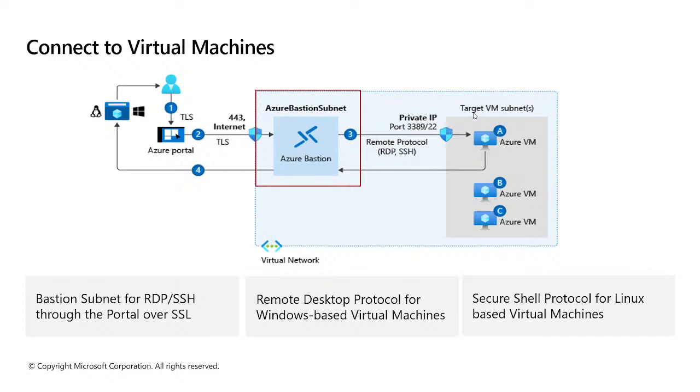You can see the target VNet subnets where the VMs are and your Azure Bastion subnet are actually within the same virtual network. So you cannot configure your Bastion in a different network and try to connect to a target machine in a different network. No, they need to be on the same virtual network.